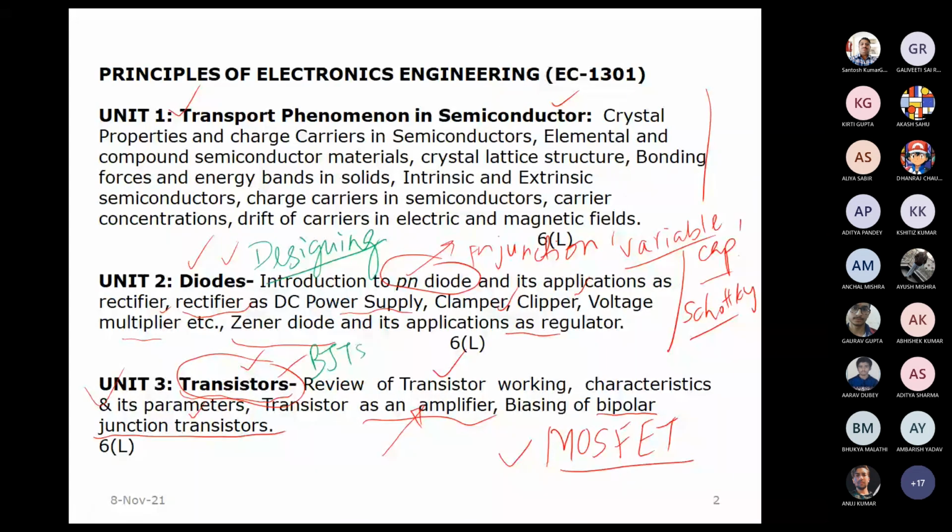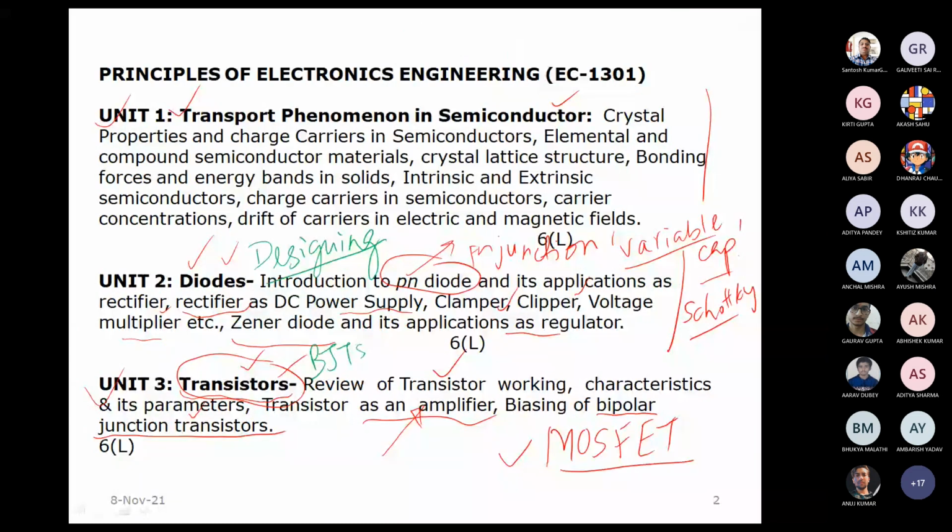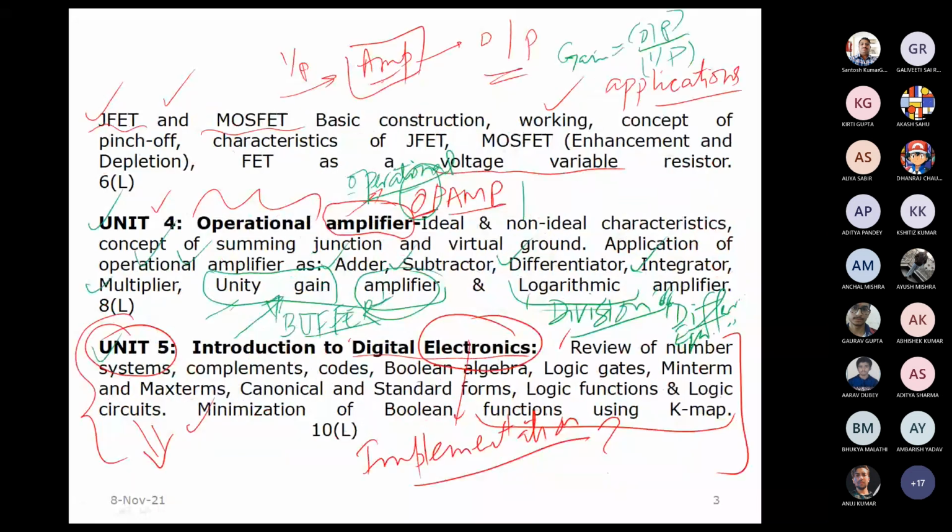It is recommended to start with unit 1, but sometimes people start from unit 5, because that is a little easier to understand. But here we will start from unit 1 and try to cover units 1, 2 and 3 before the mid-semester examinations, and units 4 and 5 after the mid-semester examinations.